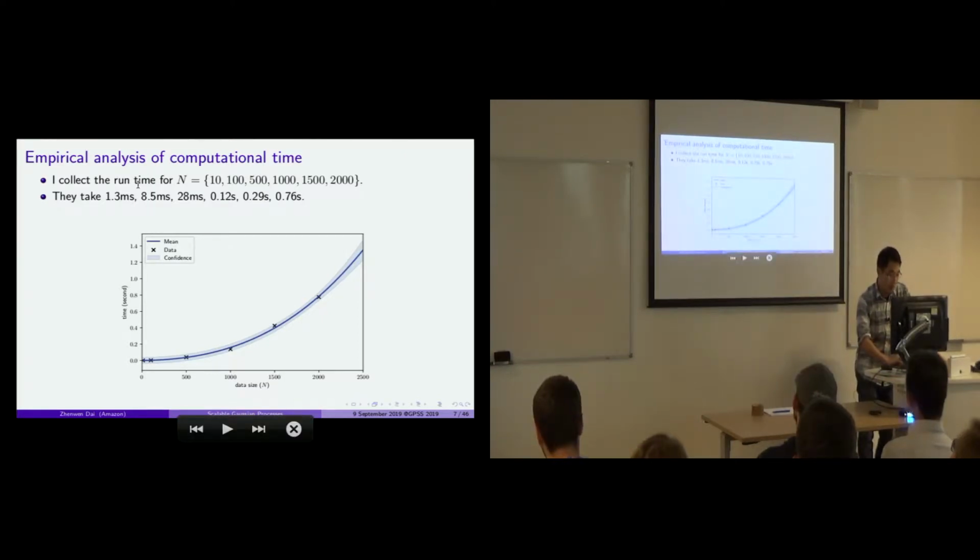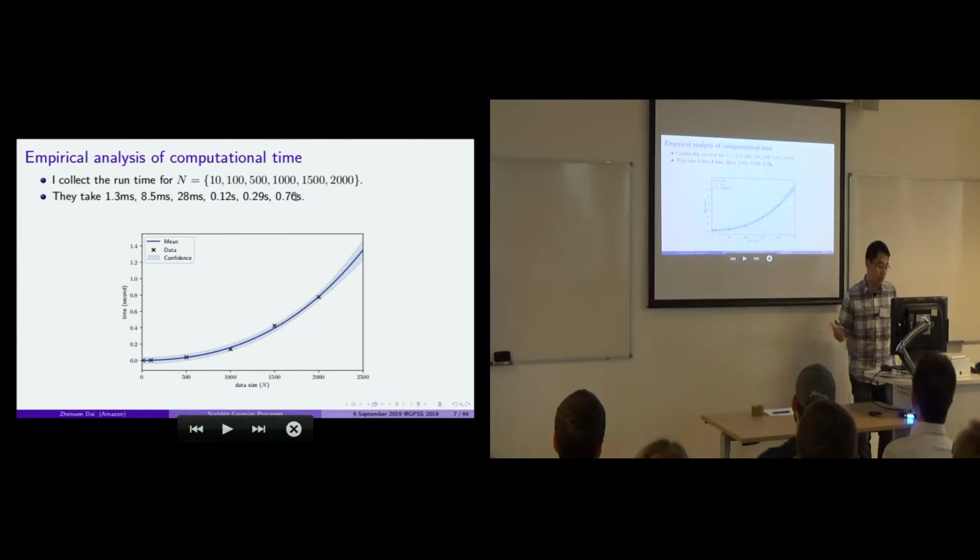And this is the time it takes for each size of data set. For the data set of 10, it takes 1.3 milliseconds. Then the second is 8.5, then gradually going up. Even with 2,000 data, it only takes less than a second. It doesn't look like it takes a lot of time, right?